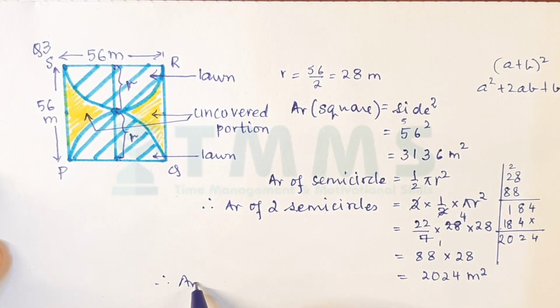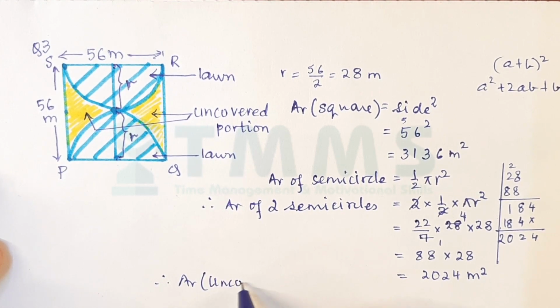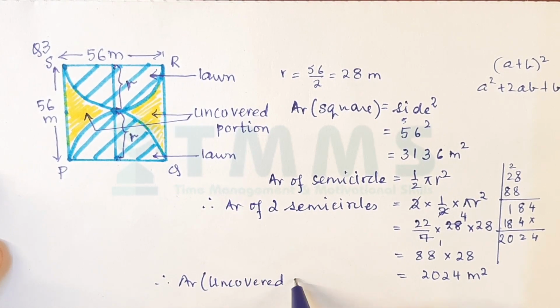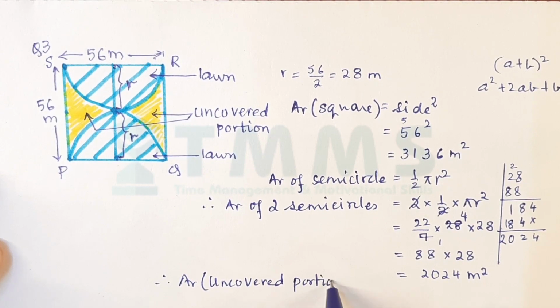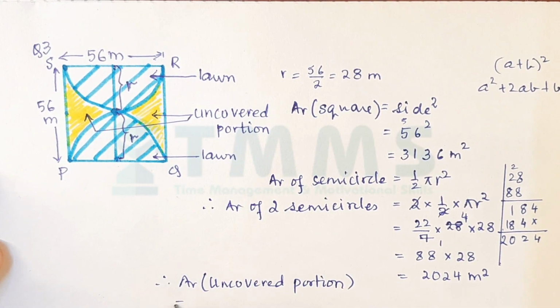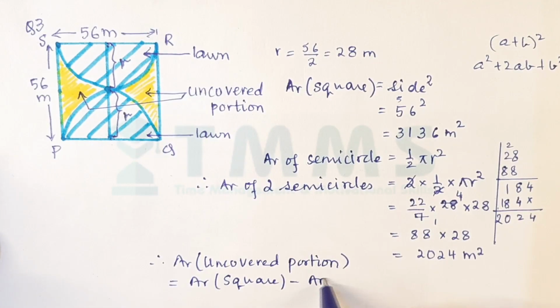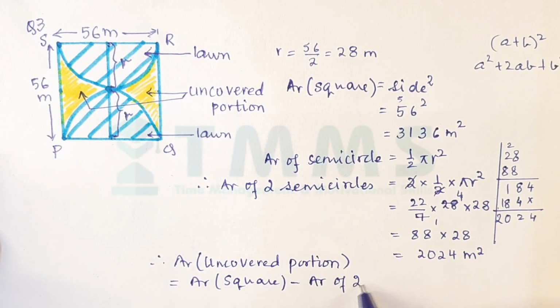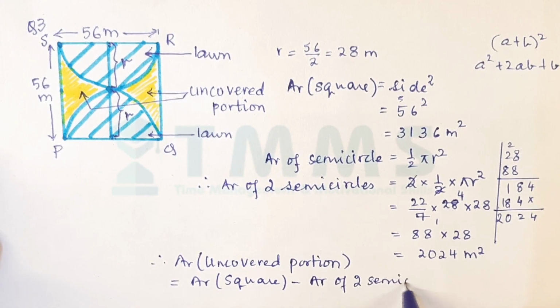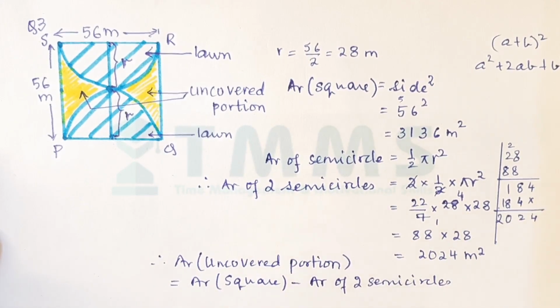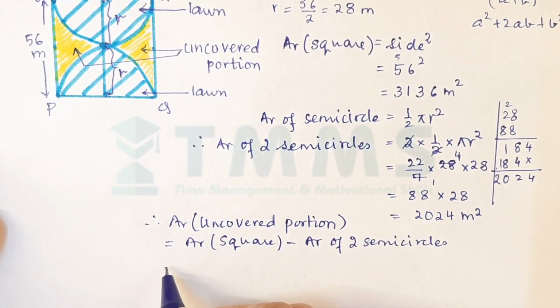Therefore, area of uncovered portion. Which portion? Uncovered portion will be equal to area of square minus area of two semicircles. Can we see how nicely and neatly we have to write?